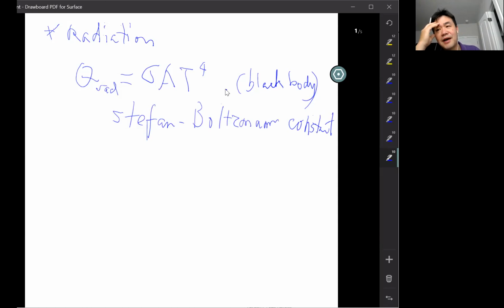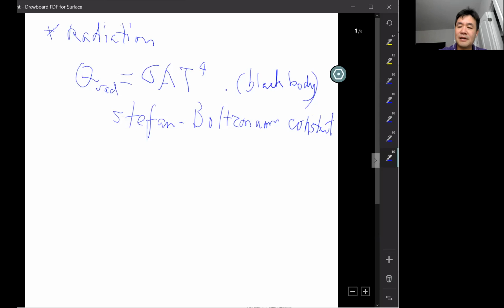We'll find out it's proportional to the power of 4 of the temperature. But they are not exactly equal. It doesn't equal A times T to the fourth, right? So we can have a coefficient in front of it to make them equal. This is the Stefan Boltzmann constant.